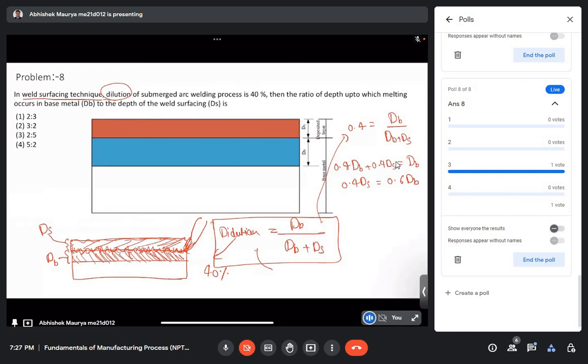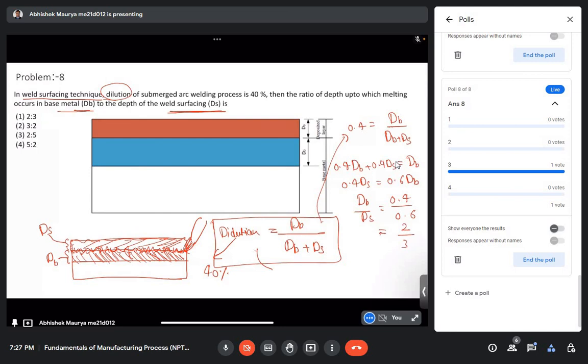And what has been asked in the problem, we have to find out the ratio of the depth of the base metal to the depth of the surface material, or db by ds. So db by ds will come out as 0.4 by 0.6, or it will be equal to 2 by 3.